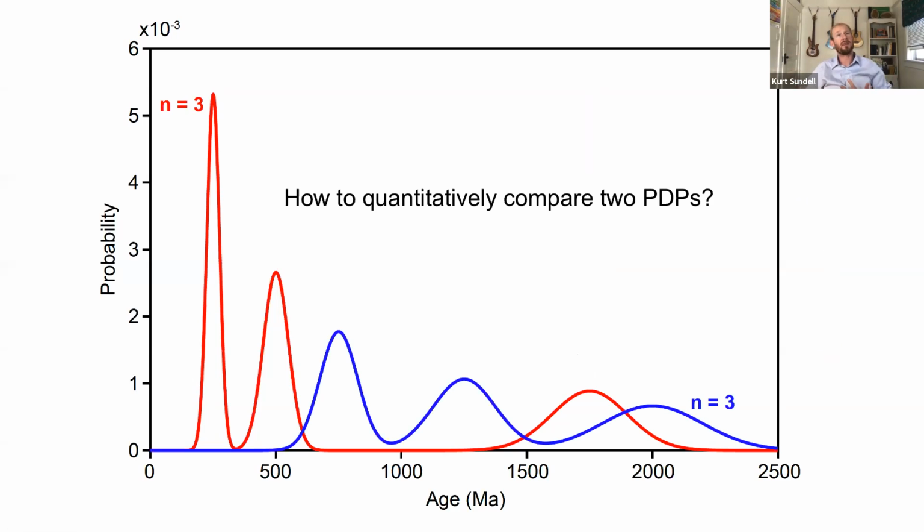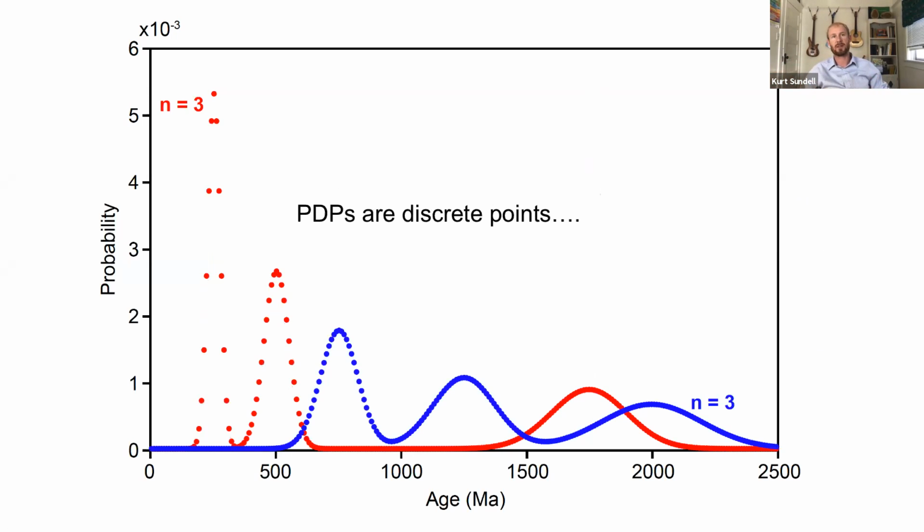So let's go and look at 2 different distributions. These are very different looking, but how different are they quantitatively? So these aren't continuous functions. They look like continuous functions, but they're actually discretized functions. And by discretized, I mean this is schematic, but imagine there's a dot or a point every 1 million years.